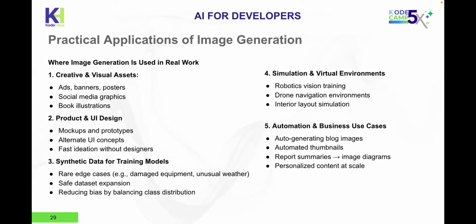Social media graphics, book illustrations, and even for product and UI design, you could prompt these image generators to design mockups and prototypes for you. The interesting thing is you can build a workflow for yourself where you use an image generation model, a diffusion model or something, to create mockups and prototypes.